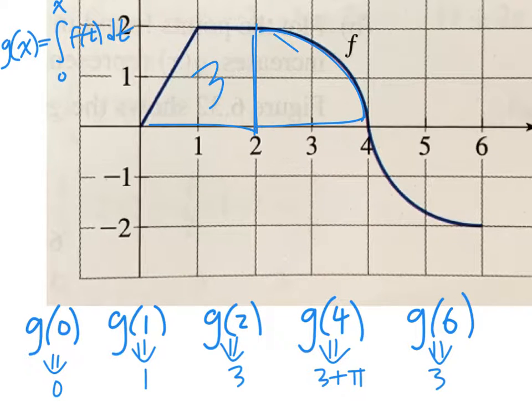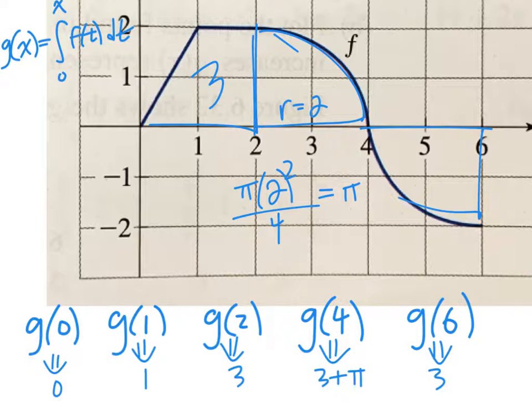The quarter circle has a radius of 2, so the whole circle is pi r squared, but it's a quarter, so divide by 4, and that is pi. So it's 3 plus pi. And then this part is pretty easy. You can see that it's exactly the same quarter circle, but in a negative area, so you're going to subtract it out, so it's just back to 3.